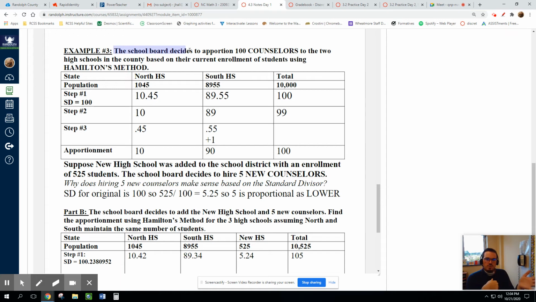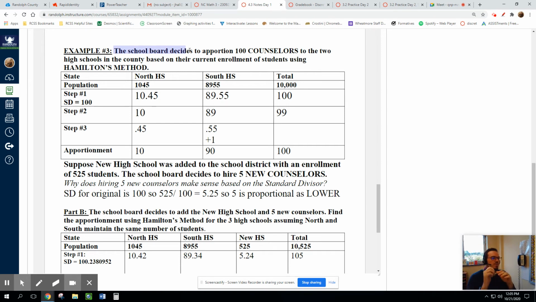North High School is going to get 10.45, which we know we can't do. So we'll do Hamilton's method and give North 10 and give South 89. There's one extra seat to be apportioned here, and because South High School's decimal is 0.55, it goes to South. Now the apportionment goes 10, 90, so all 100 counselors are accounted for.